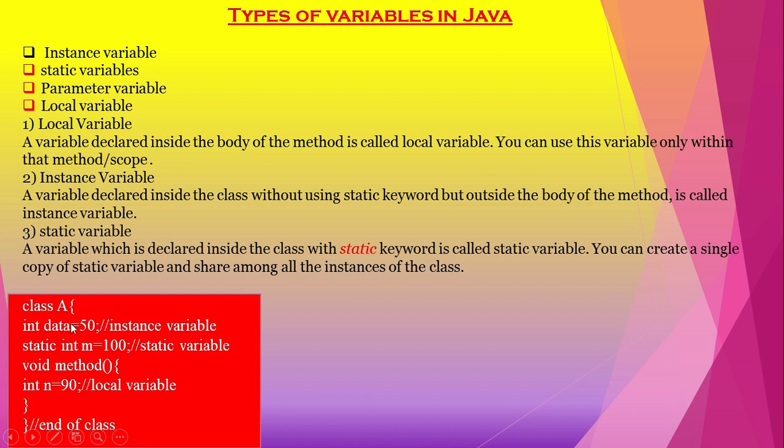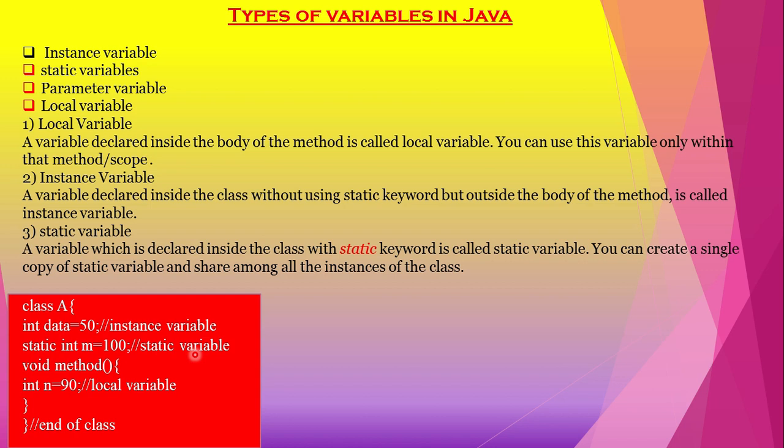But there is one difference between these two. In the first one the static keyword is absent, but in the second one the static keyword is present. So the main difference is that an instance variable is declared without the static keyword and the static keyword is used for declaring static variables.